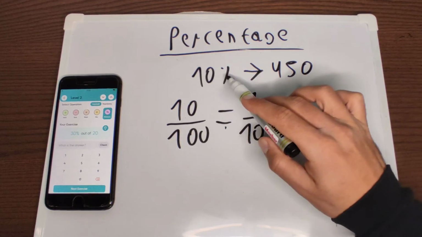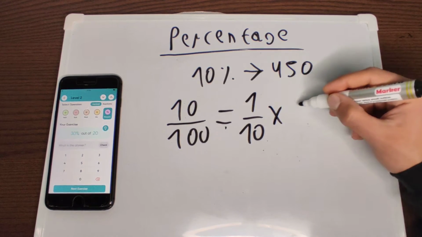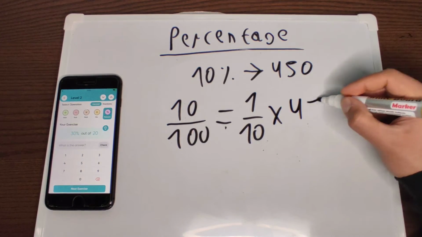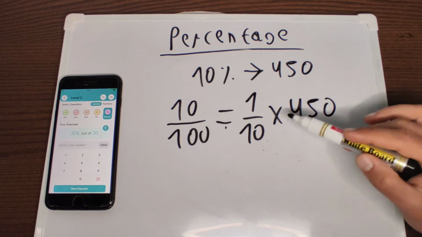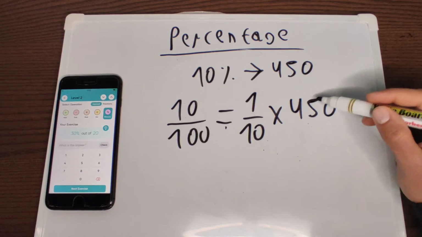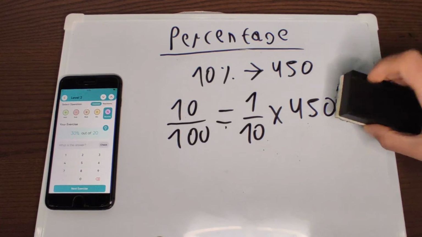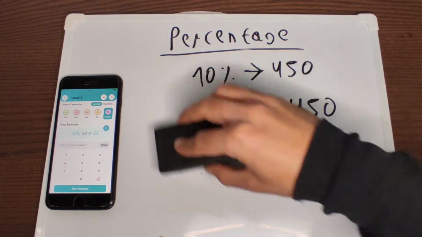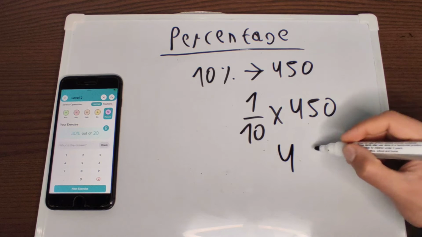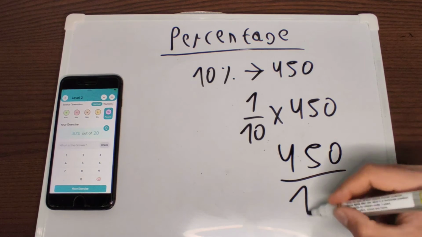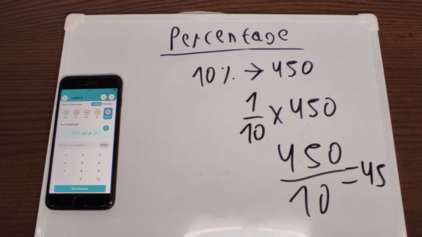So 10% is represented with 1/10, so 1/10 times 450. But a number times 1/10 is actually the number divided by 10. So this whole thing just becomes 450 divided by 10, which results in 45.